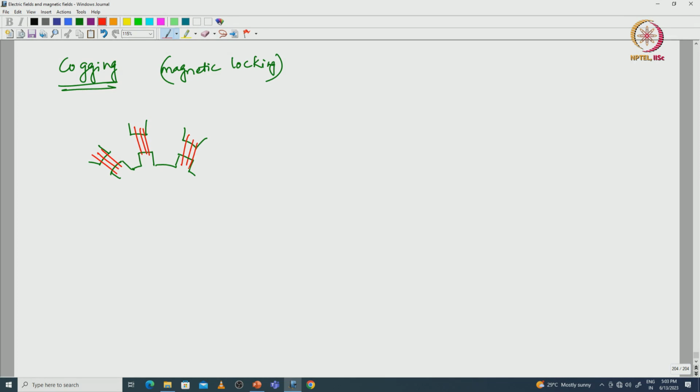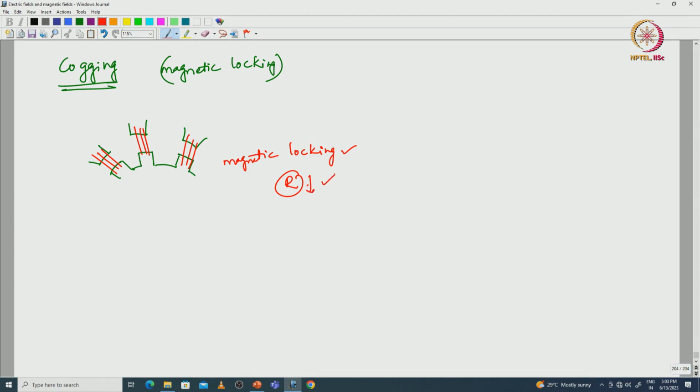Here we can see the magnetic locking is happening, which depends upon the reluctance. This magnetic locking is happening because of the low value of reluctance.